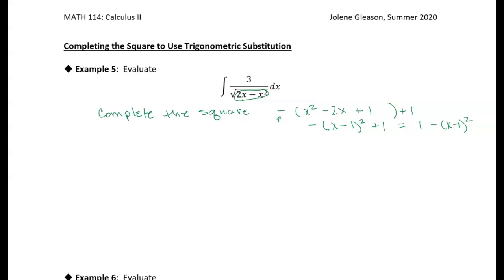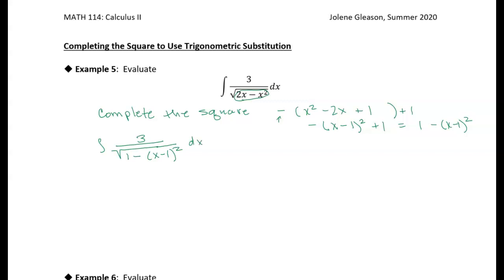All right, so let's do that. So I'm going to have the integral of 3 over the square root of 1 minus x minus 1 squared. Okay. And then still the dx.